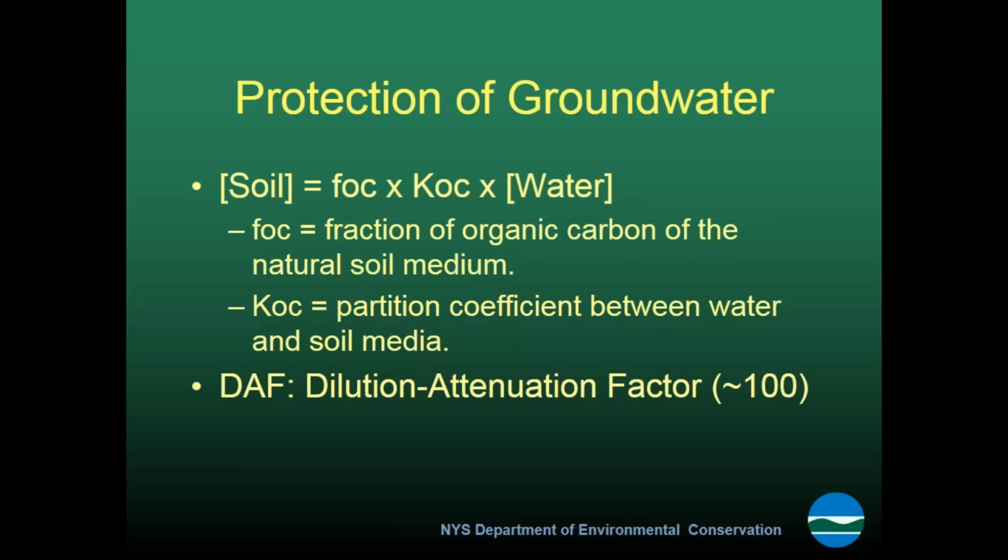All these chemicals will degrade over time, and if you have a small source of this chemical, it will go down with rainwater and mix with a larger volume of groundwater that's already present. And that is captured by this factor called the dilution attenuation factor, or DAF. New York, when we were developing our soil cleanup objectives, used a dilution attenuation factor of 100. And that seemed to work pretty well.